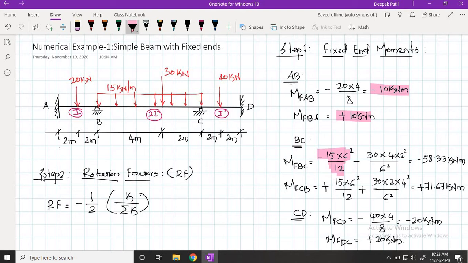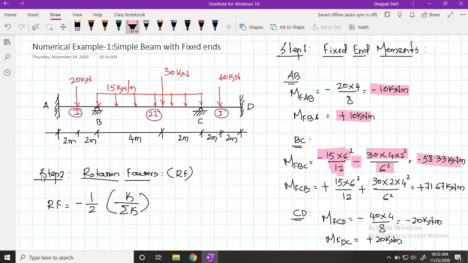Then to that I am adding the fixed end moment because of the 30 kN. Since the 30 kN is eccentric, it comes out to be minus 30 into 4 into 2 square by 6 square. I have used a minus sign on both because the fixed end moment BC is an anti-clockwise moment, whether it is a UDL or a point load. That's why I'm using the minus sign. So I'm getting minus 58.33.